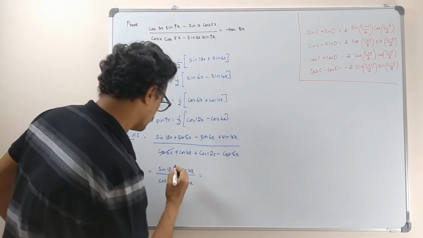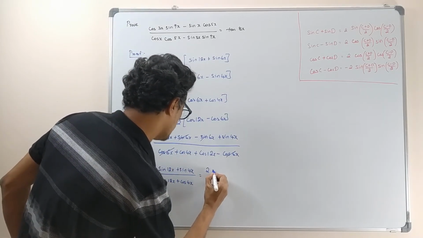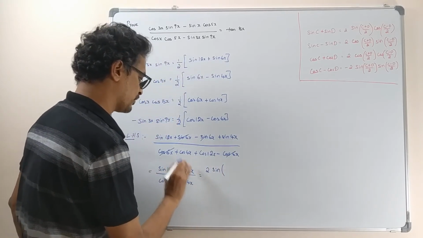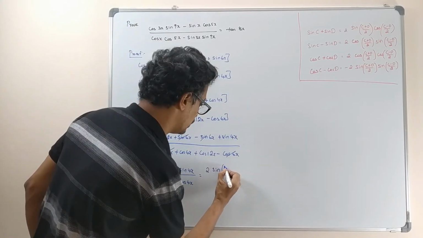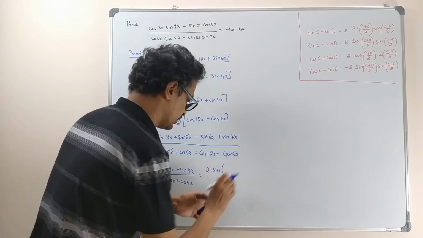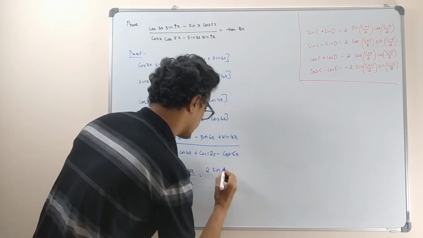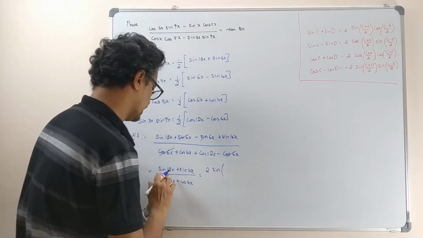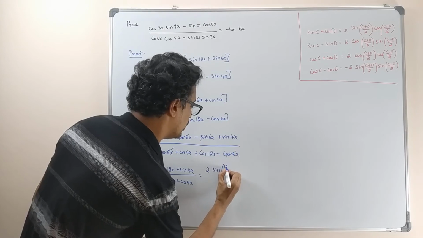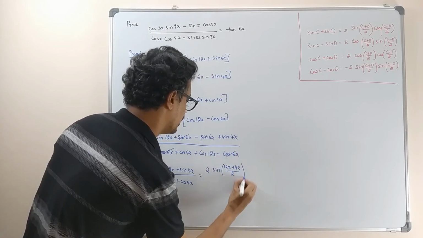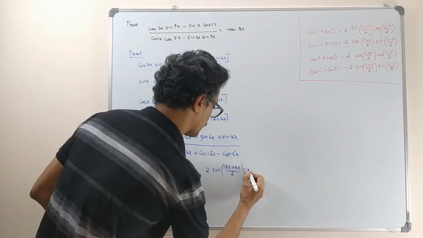So this will be 2 times sin of (12x plus 4x) by 2. Correct? 16 by 2, 8x. So this will be 8x. I will write it down. So this is 12x plus 4x by 2 into cos of, right?